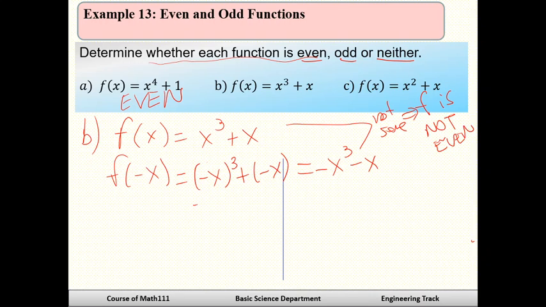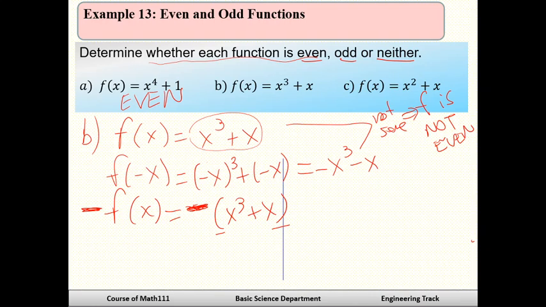If it is not even, it might be odd. So let's check for the oddness. For the oddness, you write minus f of x, then it becomes minus x cubed plus x. Please, when you have minus here and you have more terms, write them in parentheses. This is one of the mistakes that most students make, and it gives a wrong answer if you don't put the parentheses here.